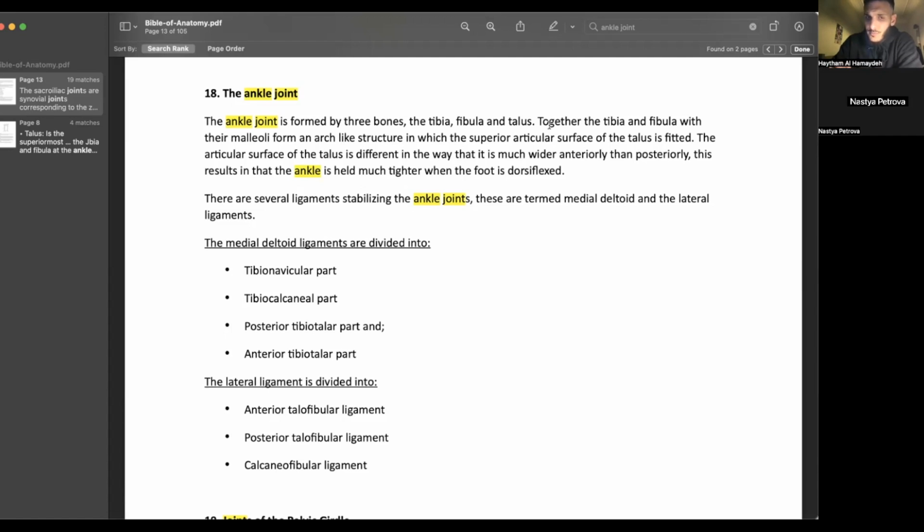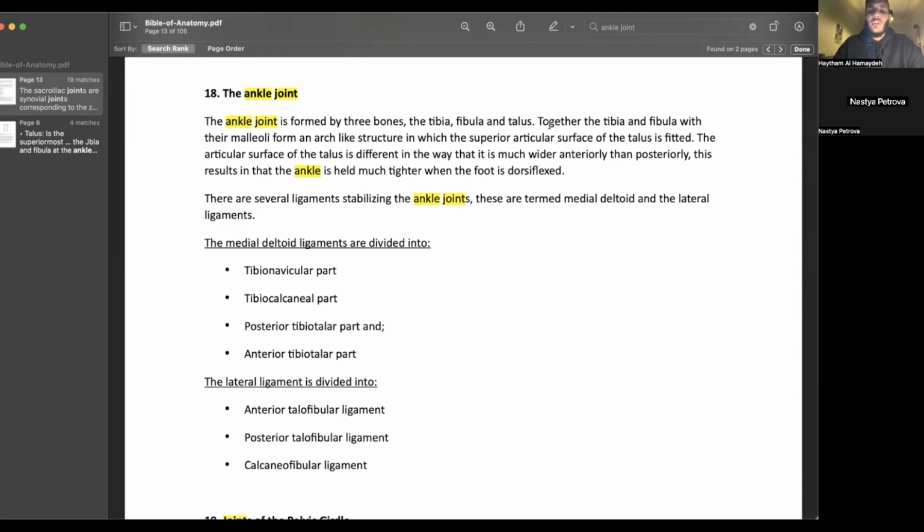The lateral deltoid ligament is divided into talofibular, anterior and posterior, and the calcaneofibular ligament.